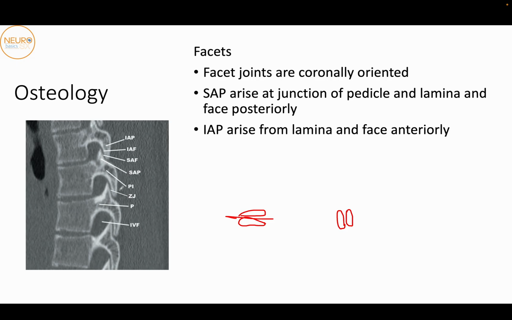Now the superior articular process will arise at the junction of the pedicle and the lamina, and as we can see, they will face posteriorly to then articulate with the inferior articular process over here, which will arise from the lamina, and as we can see, it is facing anteriorly.